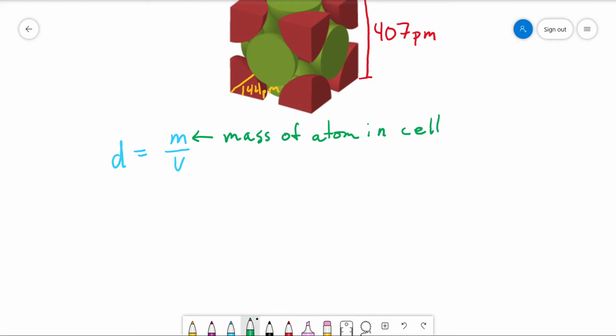That's our top term. And volume, that's just the volume of the cell. So that's really all we need to do: figure out the mass of the atoms in the cell, and then the volume of the cell. So let's start with the mass.